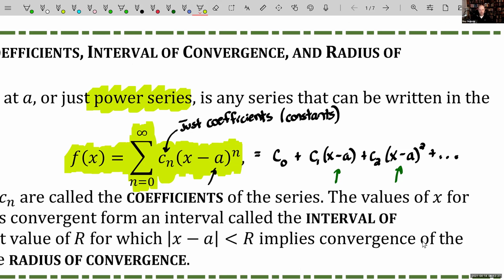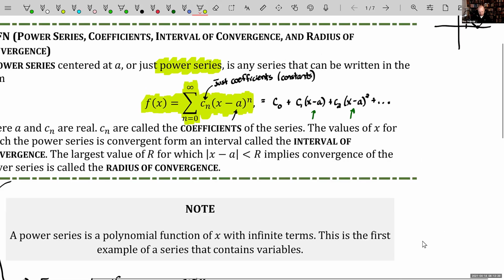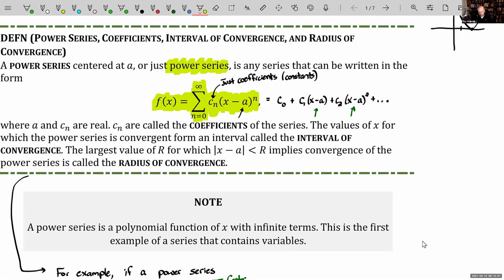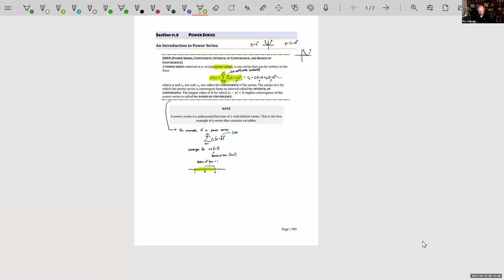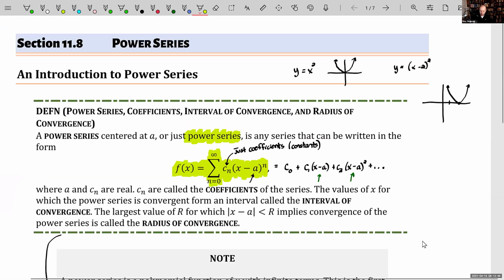So I want to make sure that you guys are following along. This is the first example of a series that contains variables, although technically we had a homework problem with one earlier. All right, I don't think there's anything else on my lecture notes here. So let's go ahead and hop forward.